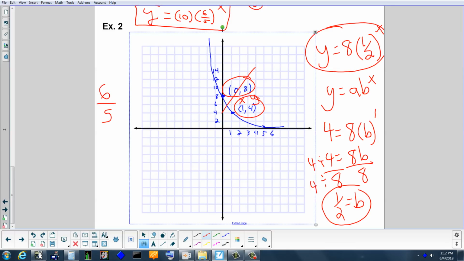If it's a whole number, it'll be growth. Anything between 0 and 1, that's decay. So yes, this will be decay. And plus, if we looked at it from the beginning, look how it goes down to the right. Down to the right, decay. Up to the right, growth.